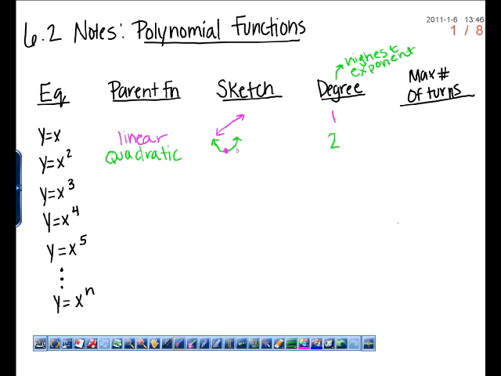I just change once. I have 2 different directions, but I only change once. So the max number of turns I have is 1. What's the max number of turns in a linear function? 0. I'm not allowed to change directions in a linear function, or else it's not a linear function anymore.